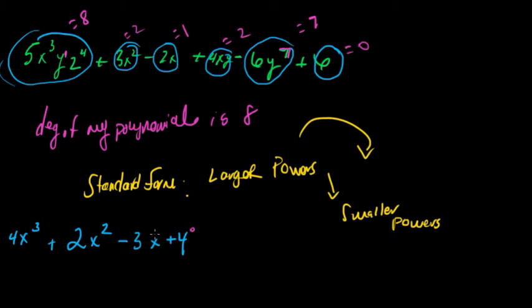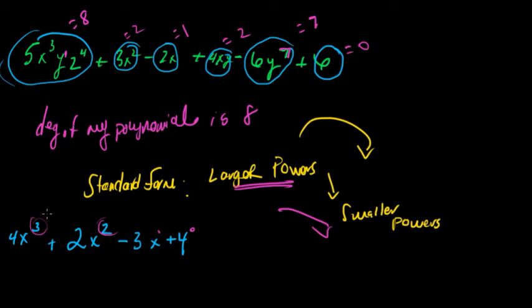This has a 0 degree power, that has a 1 power, this has a 2 power, and this has a 3 power or exponent. Okay, so we're going from larger to smaller values, right? 3, 2, 1, 0. That's counting down, so it's in descending order. That is what the standard form of a polynomial is. Okay, just want you guys to understand that.